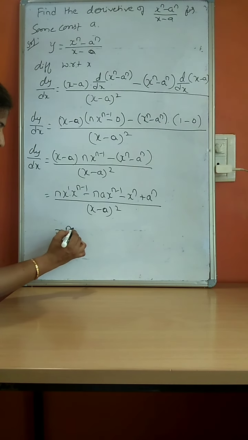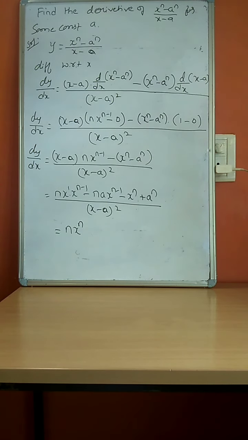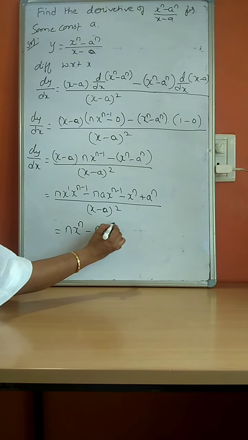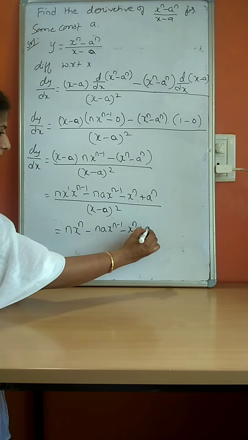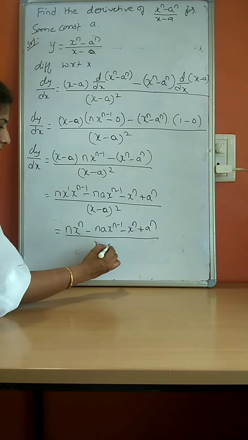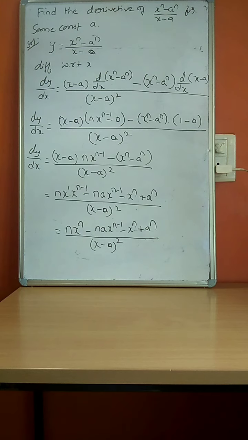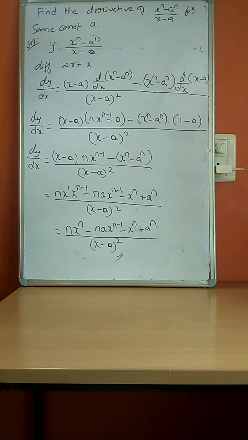How to write this one? x to the power of plus 1 minus 1 gets cancelled. Remainder is what? x to the power of n. Minus n a x to the power of n minus 1, minus x to the power of n plus a power of n, divided by x minus a whole square. Enough. Okay.